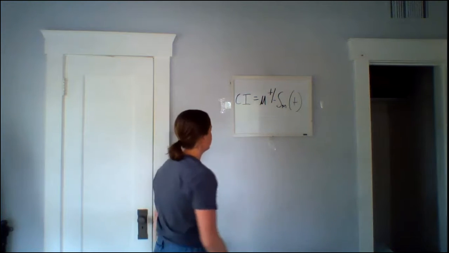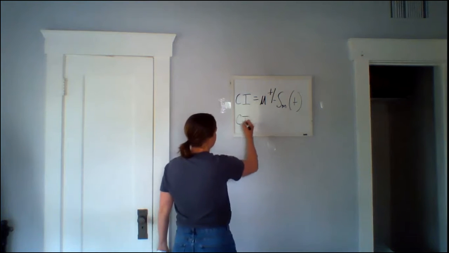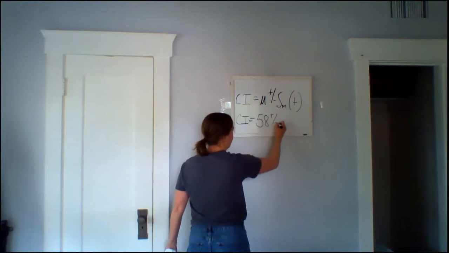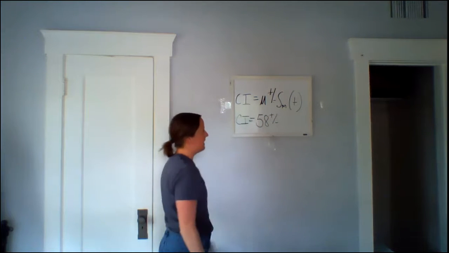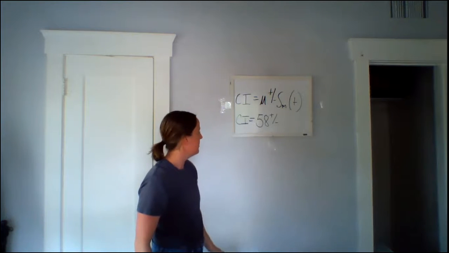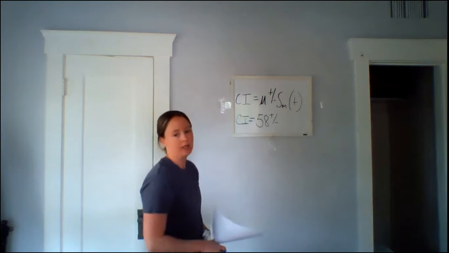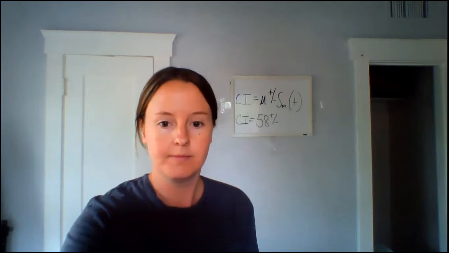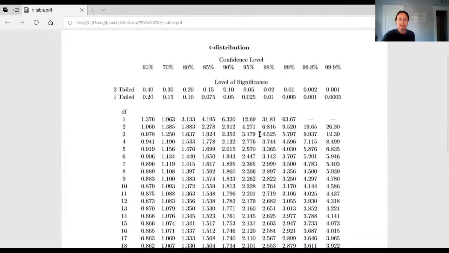Okay, so now if you look at this problem, our confidence interval is going to be equal to 58 plus and minus. We need to get the standard error of the mean, and we also need to find the t-value. Let's go ahead really quickly and just find that t-value. I am pulling up my t-table here.